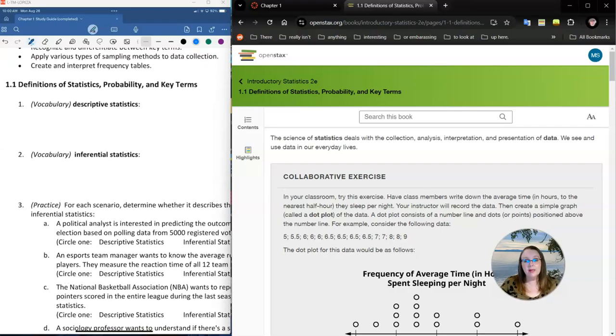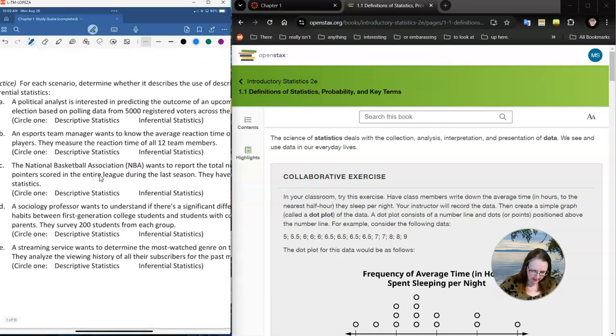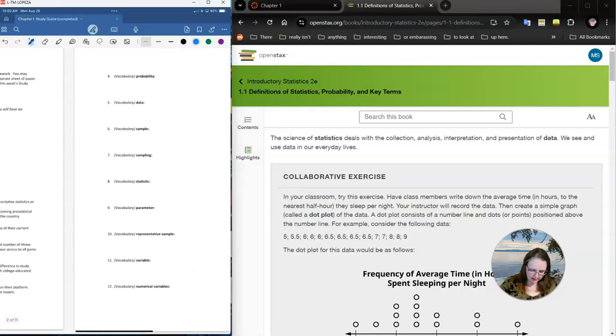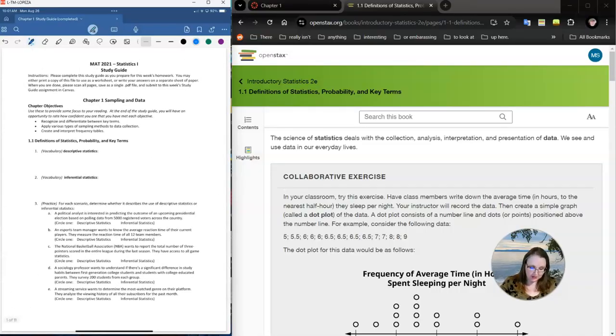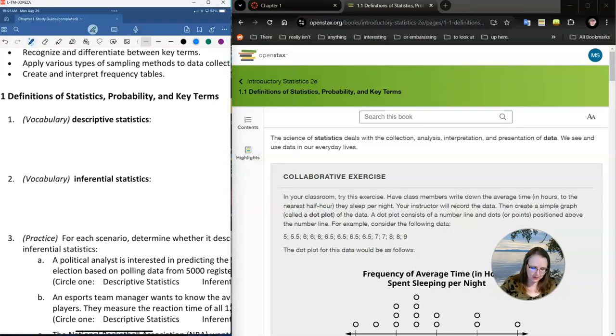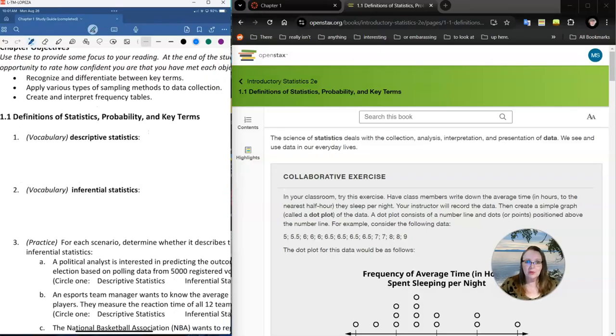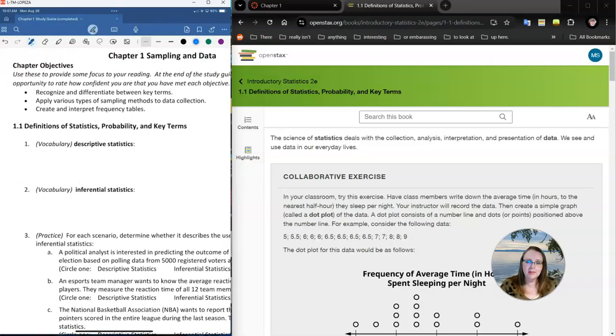I see here that the things being asked for in the study guide are a couple of definitions, and there's a practice problem, and I believe that, oh, nope, there's a lot of definitions. So we've got a lot of definitions to work through. Keep an eye out for these words. It's not going to be hard to find them because they're bolded in the text. And when you see them, write down the definition.